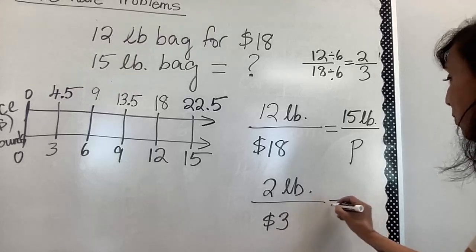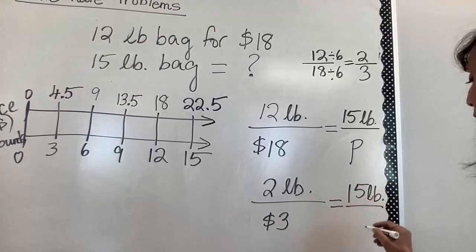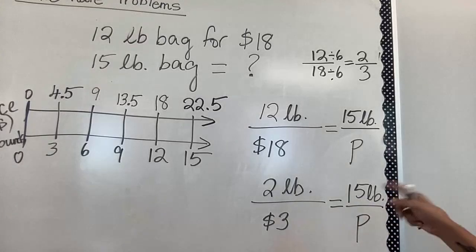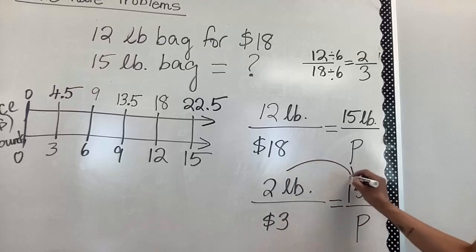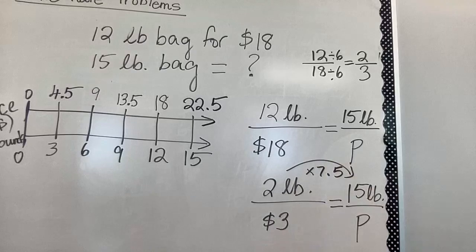So 15 pounds is going to be how many dollars? I know that half of 15 is 7.5. So 2 times 7 and 5/10 gives me 15.